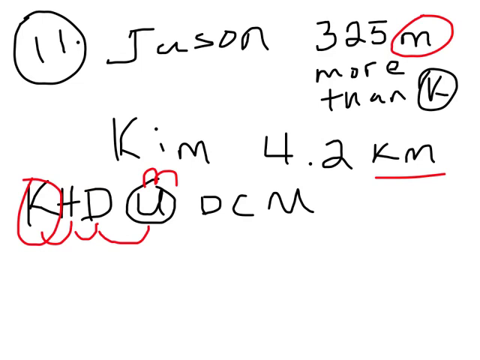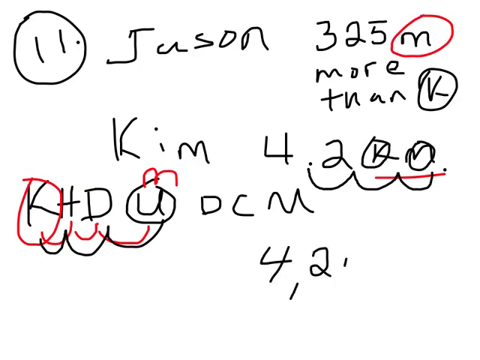Since we moved it 3 times, we take that 4 2/10, that decimal point, and move it 3 times to the right, just like in this King Henry example. Now we add in those zeros, and we have 4,200 meters.